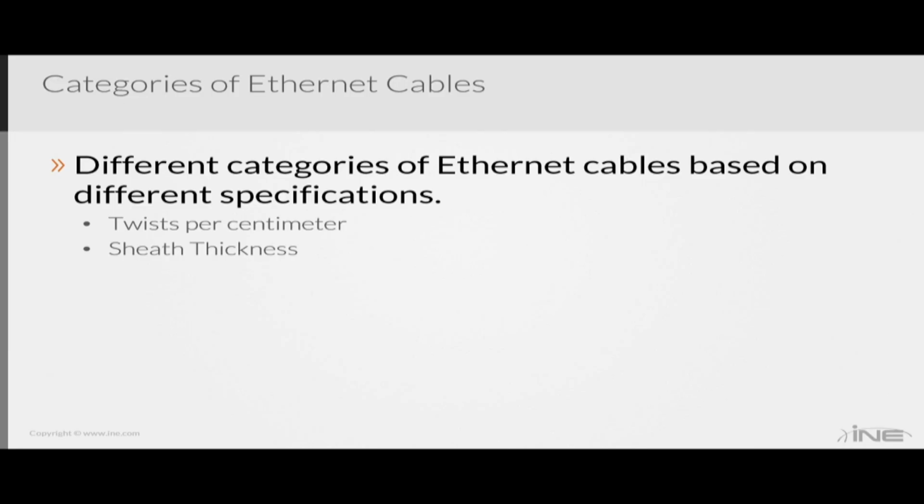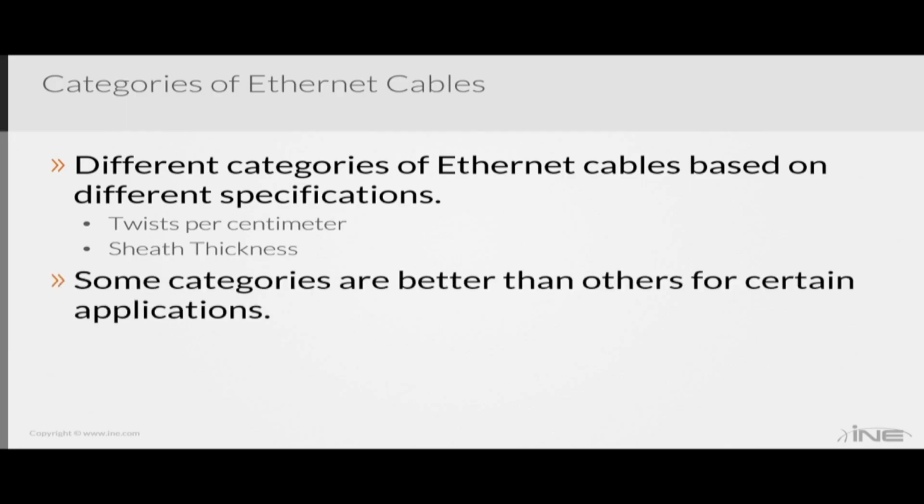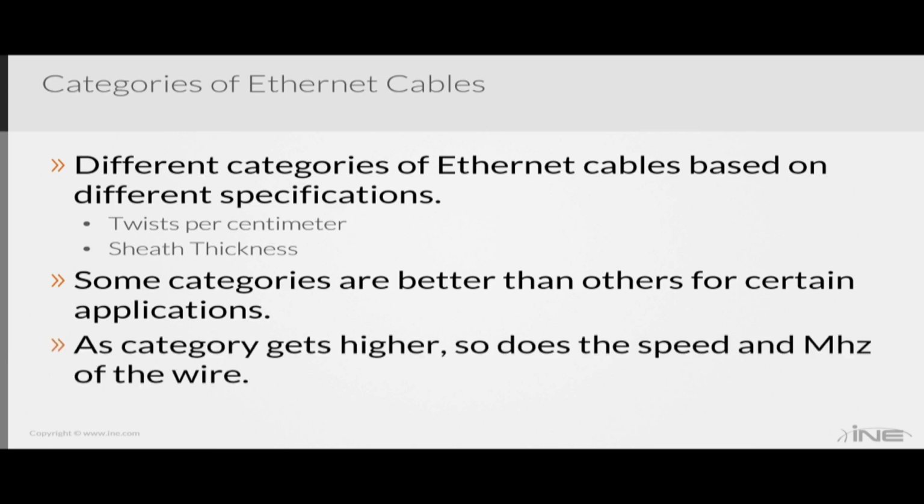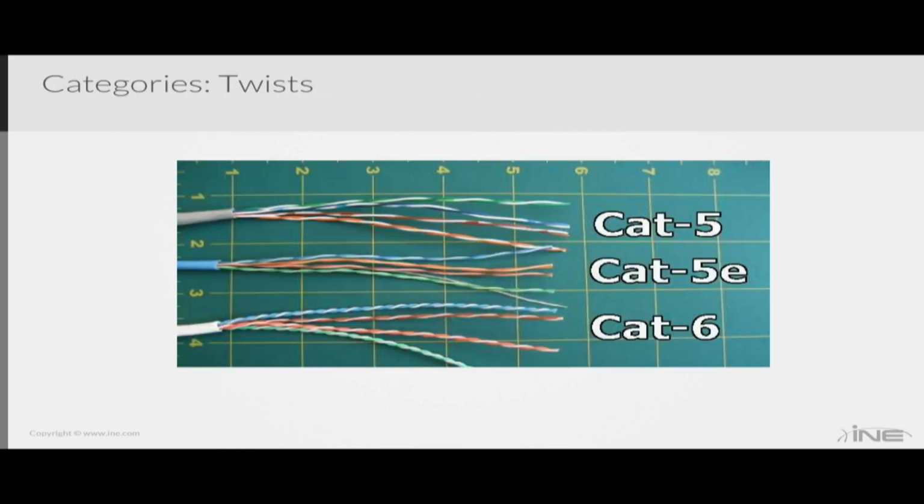The sheath of the cable, you know, the outer ring of the cable, that rubber or plastic sheath, the thicker it is, the more it will prevent electromagnetic interference. So as far as categories of cables are concerned, the higher the number, the more twists per inch, the thicker the sheath of that cable. So here's actually a visual representation of this.